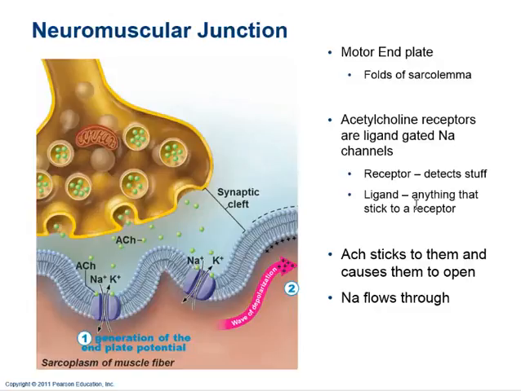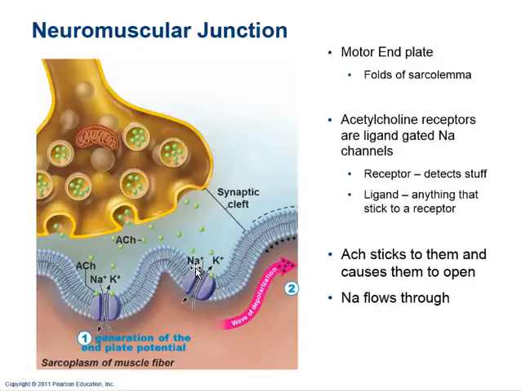So in the case of the acetylcholine receptors, they are proteins that also have ion channels within them, such that when acetylcholine sticks to the extracellular surface of this protein, it pops open and a little channel forms that sodium is able to flow through.